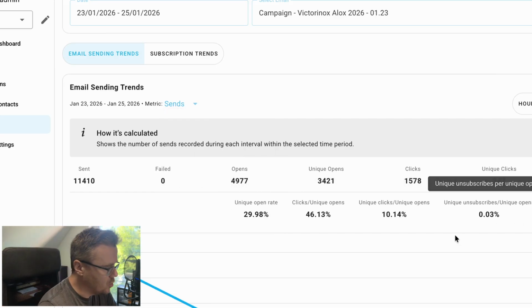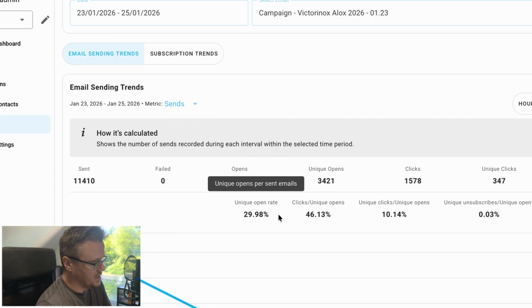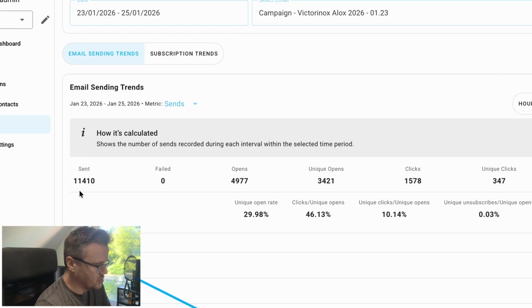Unique open rate means how many people of the actual number of recipients actually opened the email. As you can see, it's unique opens per the number of emails sent. So it's around 30%. Clicks per unique opens.